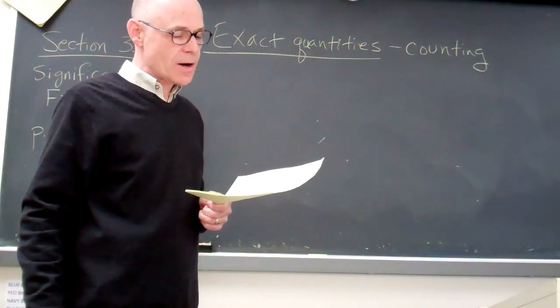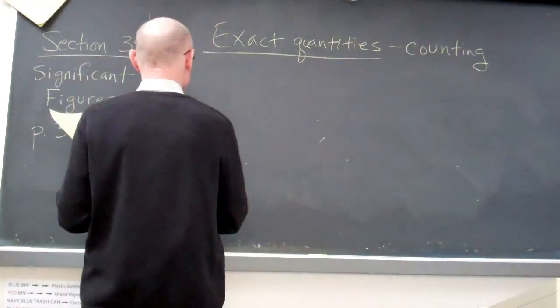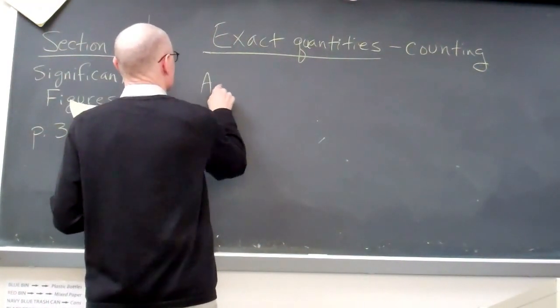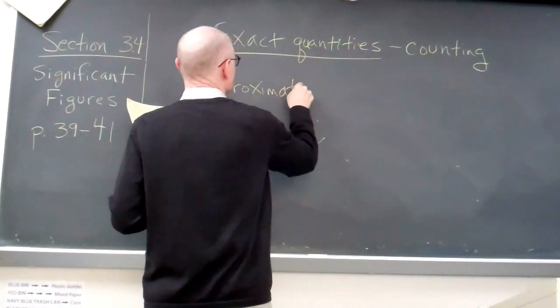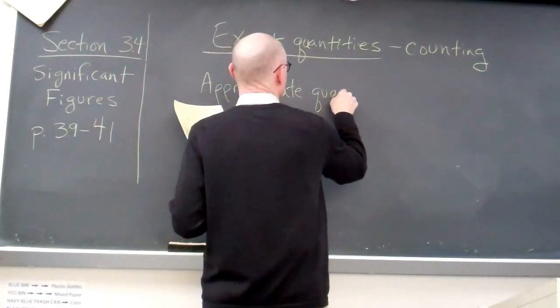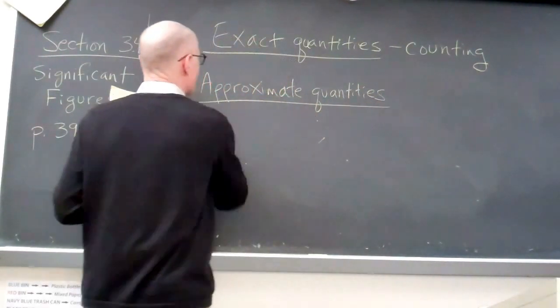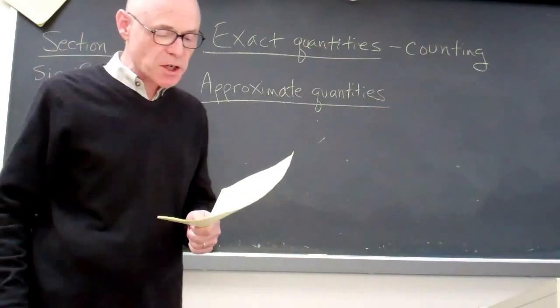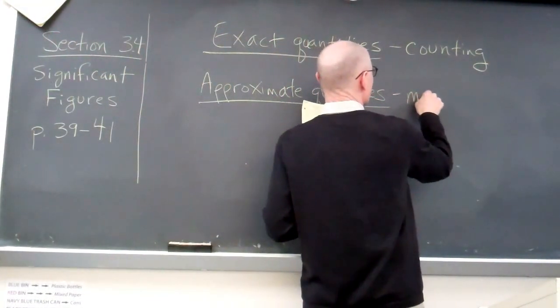Significant figures are actually applied to something called an approximate quantity. Approximate quantities are not achieved by counting, they come from measurement.